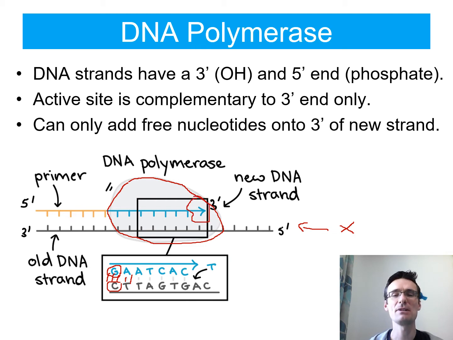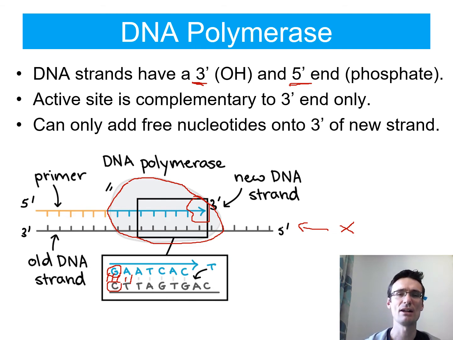Okay, and that is because the new strand has to be built from what we call the 3' end of the DNA strand. So DNA strands, based on where the sugars are facing, have a 3' end, which is where they've got an OH group, and a 5' end, which has a phosphate. And the active site of the DNA polymerase can only work on the 3' end of the new strand, where it attaches the new free nucleotide to each bit, making the new strand longer.